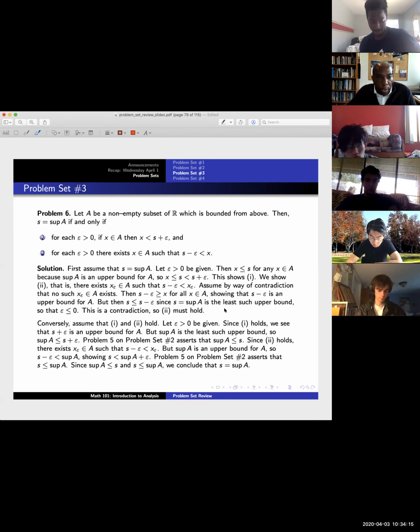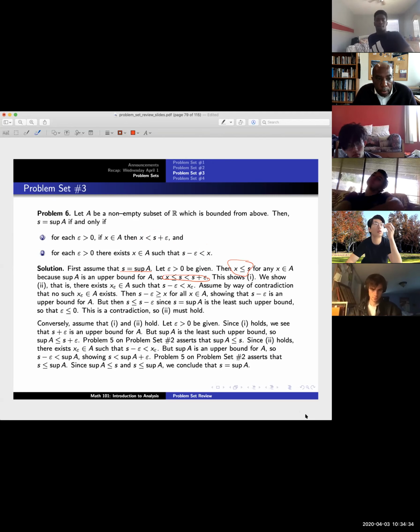For the first one, you can say, let's first assume that S is the supremum. Then of course, if S is an upper bound, then we'll have this inequality here rather easily. So X is less than or equal to S, but S is less than S plus epsilon. So the first inequality is actually not that bad.